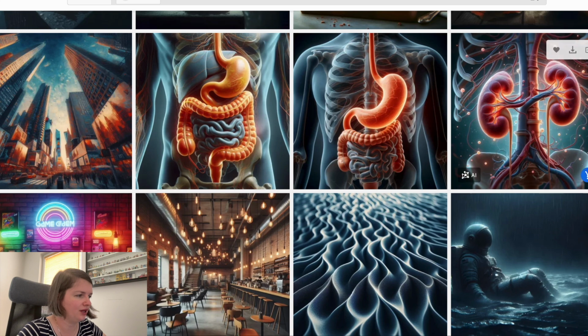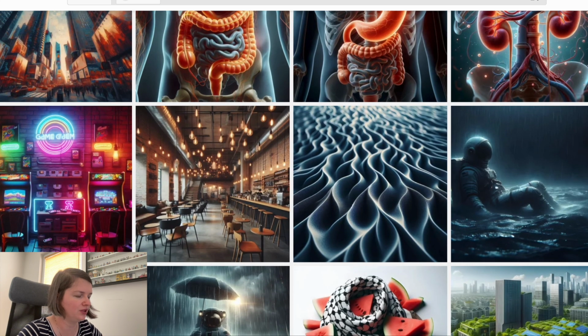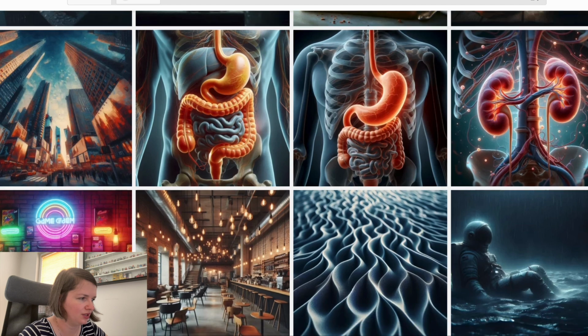Again, the healthcare images, I would say that they have potential, but it's better to just do conceptual ones, and not try to say that this is actually what a digestive system looks like, because I'm not sure this is an actual depiction.